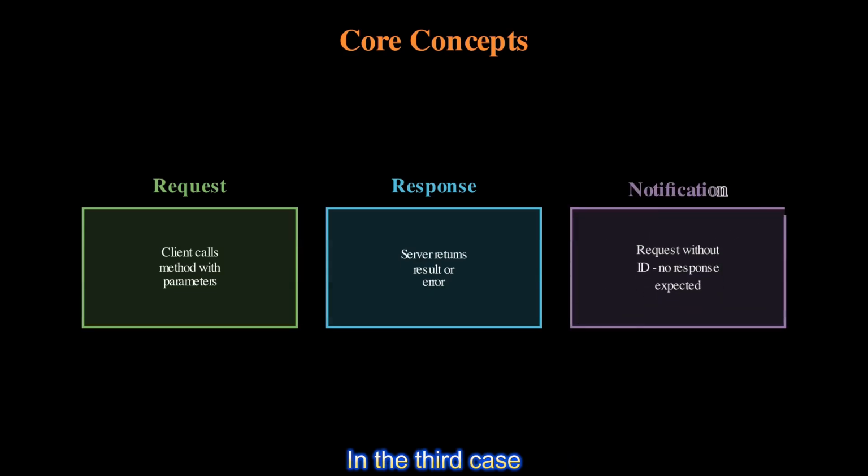In the third case, it is used as a notification: you just send a request to the server without expecting any response back. It is important to be aware that both request and response require an ID, and this ID must be the same so that we know the response actually matches the request.